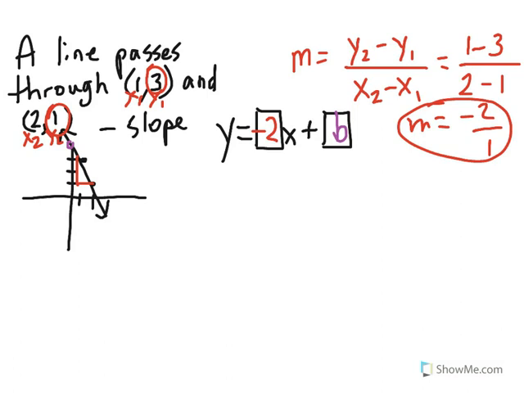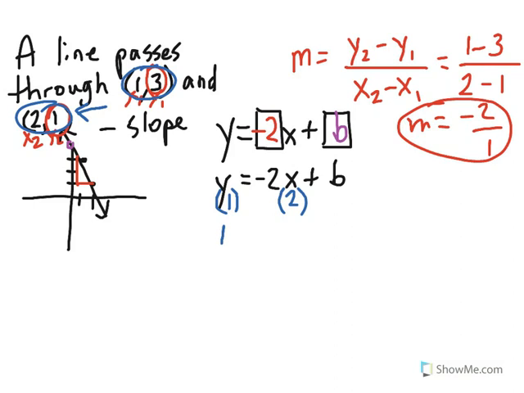So let's follow our process again. We have y equals negative 2x plus b. Let's find a point to use that works well for us. You've got this point or this one. Neither one looks that difficult. Pick whatever has the easiest numbers. I'm thinking this one has the smallest numbers, and they're both positive. Let's use that. So my x-coordinate is 2 and my y-coordinate is 1.